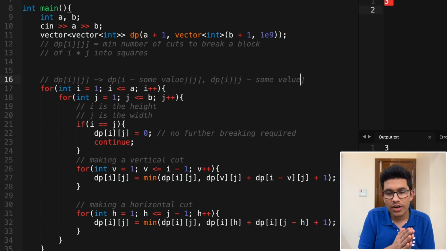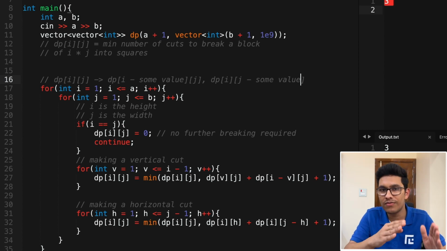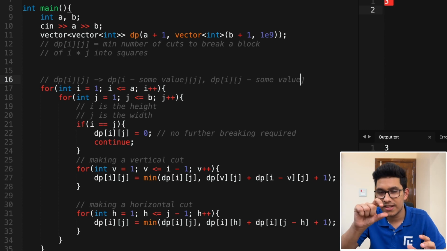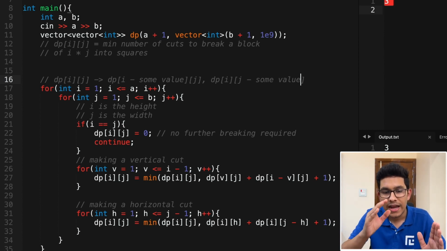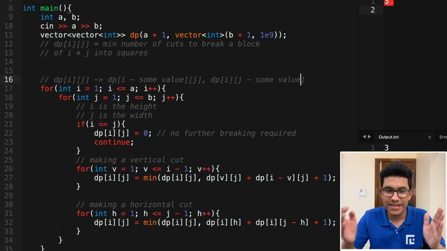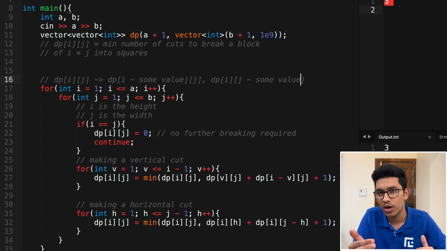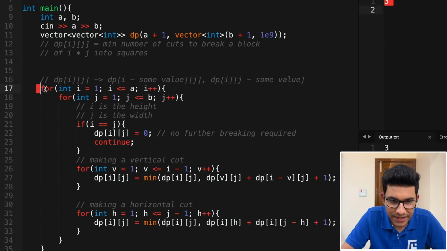So we know for a fact that when we write down the for loops, i is going to go from 1 to A, the side of the rectangle, and j is going to go from 1 to B, correct? Because your current state depends on previous states, both in terms of row and in terms of column. Okay, all right, so this is how the for loops would be written.